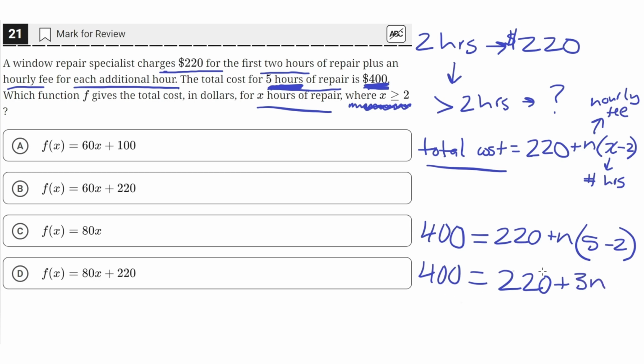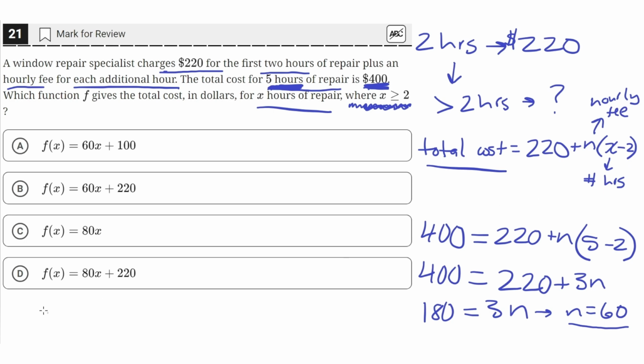So then we can just solve for the value of n. 400 minus 220 is equal to 180 if we subtract 220 from both sides. So then we'll be left with 180 equals 3n. Then if we divide both sides by 3, we'll get that n equals 60. Okay, so now we know our hourly fee. So we can substitute that in for our original equation.